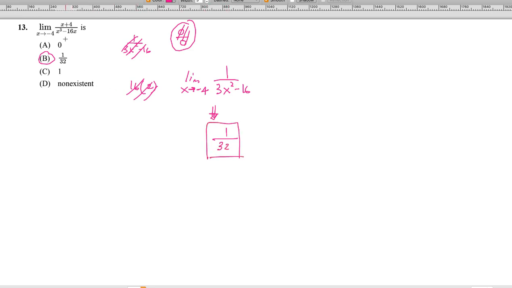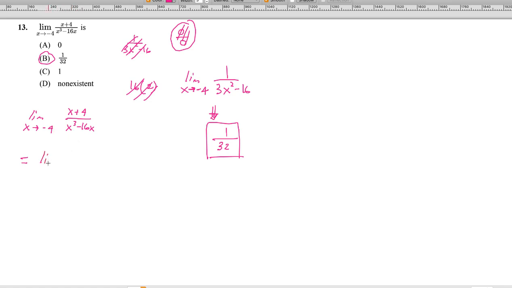But another way to do it is to use the algebra. The limit as x goes to -4 of x plus 4 over x cubed minus 16 is going to be equal to whatever this is algebraically equivalent to. Or close to equivalent to, it's only going to disagree at -4 what you get.